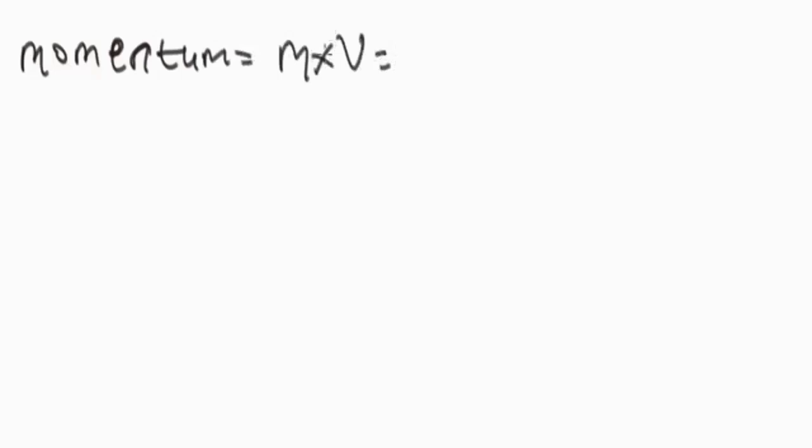Alright, so let's write this and solve another example. What if you're asked to find the dimension of momentum? Momentum is calculated using mass times velocity. Remember, we are looking at how these derived quantities relate to mass, length, and time. That means mass will not change because mass is relating to this.